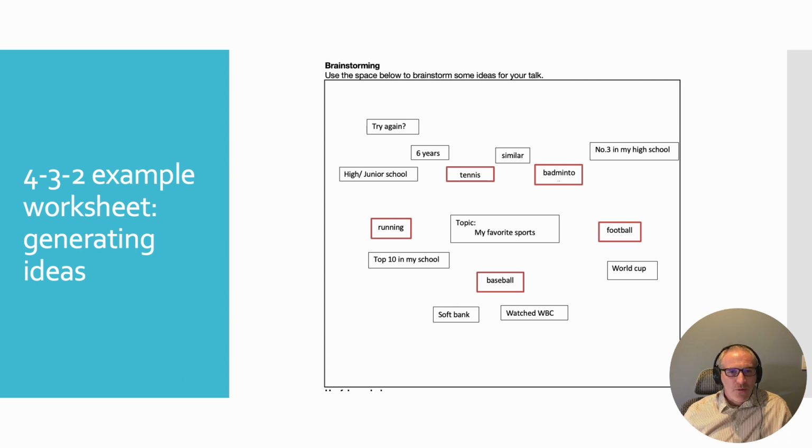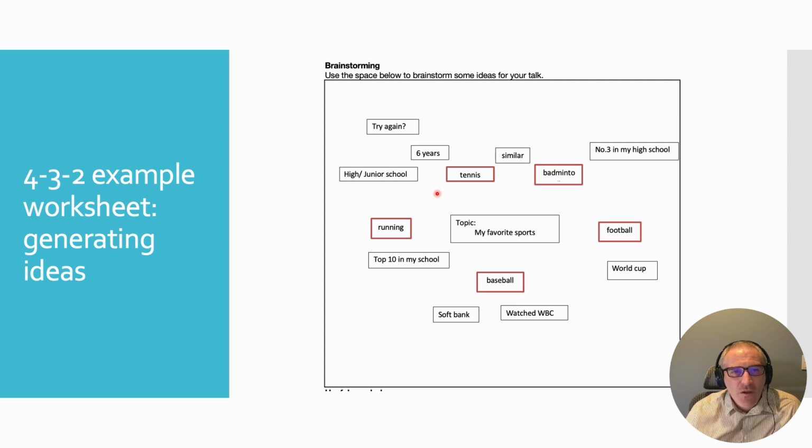This is an example from one of the students. So this was submitted before class, online through Google Classroom. Some students hand wrote them, whereas others did this brainstorming activity on the computer. And you can see this was the topic of the student, my favorite sports, and then she chose some different ones, and then connected some ideas that they can talk about.